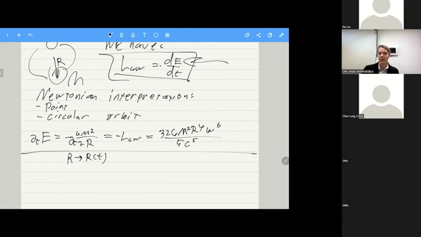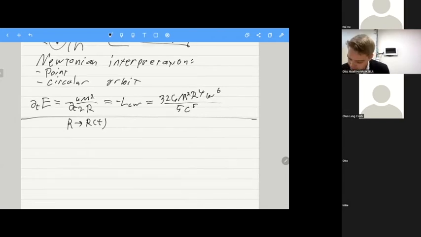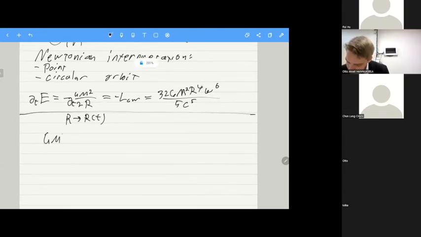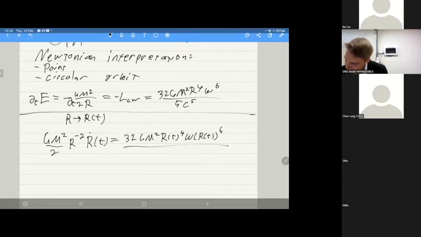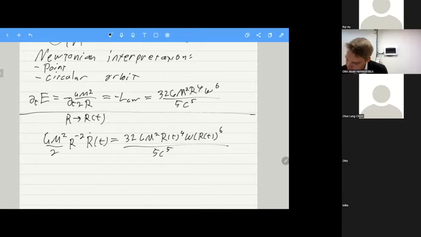And so what we end up getting is that GM squared per 2 equals 32 GM squared r to the power of 4 omega to the power of 6 over 5 c to the power of 5, this thing.